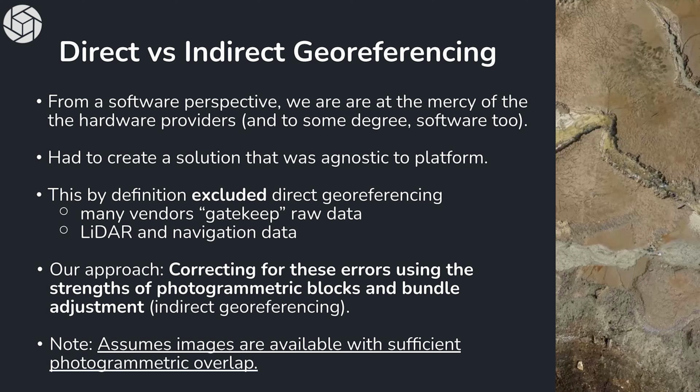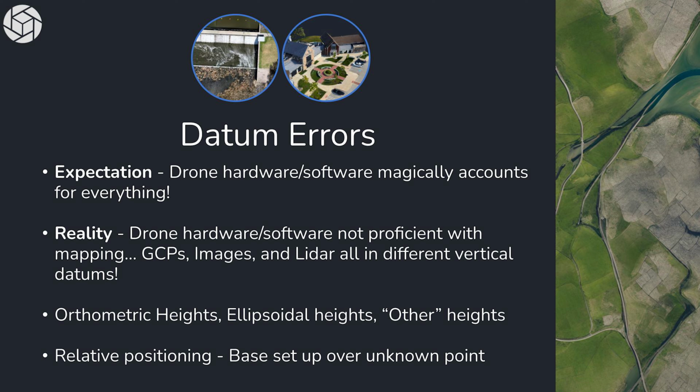But our approach is to correct for these boresight calibration, boresight alignment errors, camera calibration errors, using an indirect georeferencing approach that leverages bundle block adjustment and the strength of photogrammetric blocks. The one caveat is that this assumes images have sufficient overlap for 3D reconstruction.